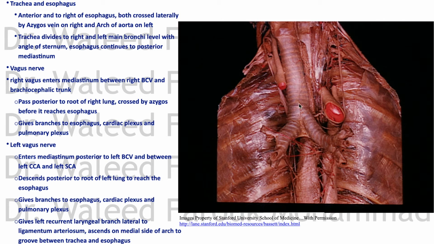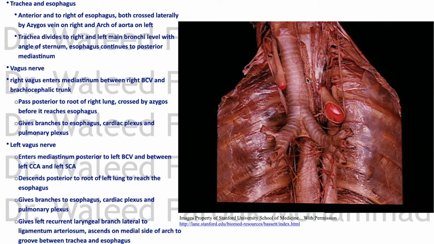The trachea descends to the level in the superior mediastinum, anterior and to the right of the esophagus. Remember this, the esophagus is slightly shifted to the left because of the narrow space at the thoracic inlet, so it's slightly pushed to the left.